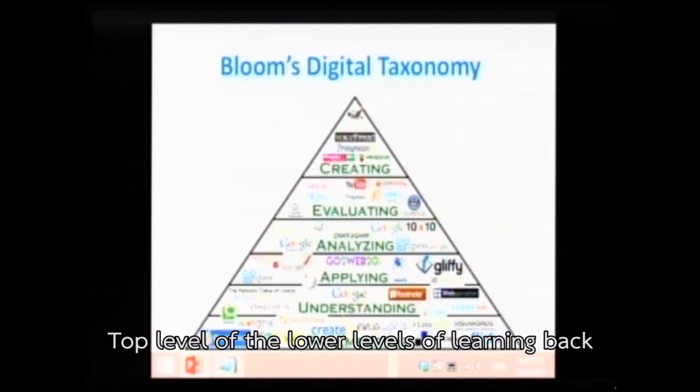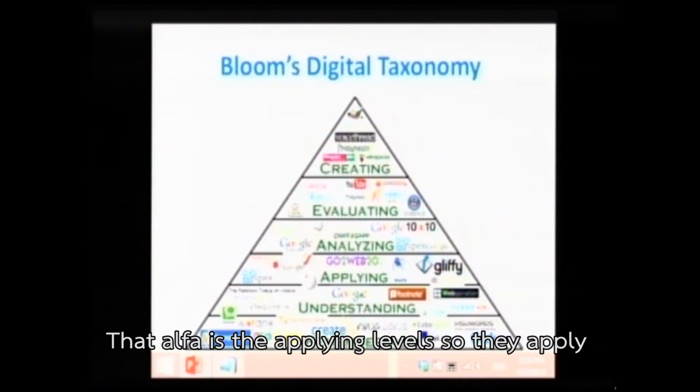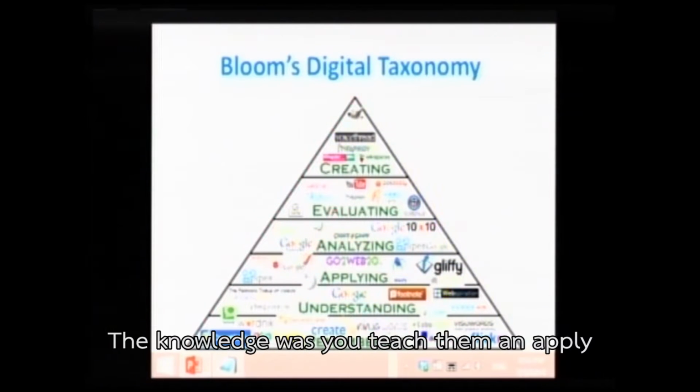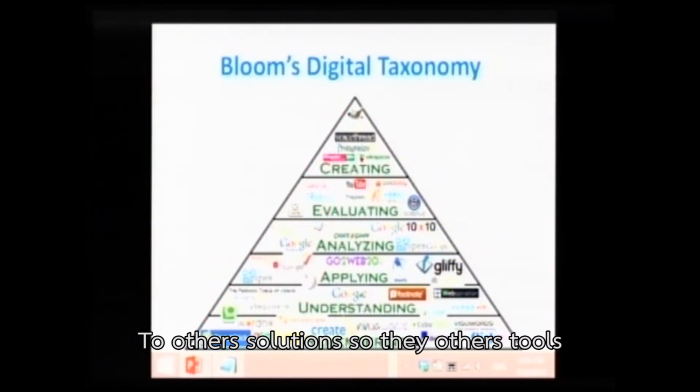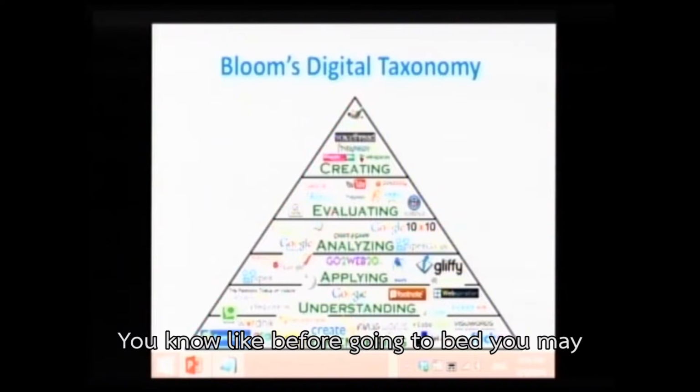On the lower level of learning in the Bloom's digital taxonomy, you will see that Wolfram Alpha is at the applying level. So they apply the knowledge that you teach them to other solutions. There are other tools too.